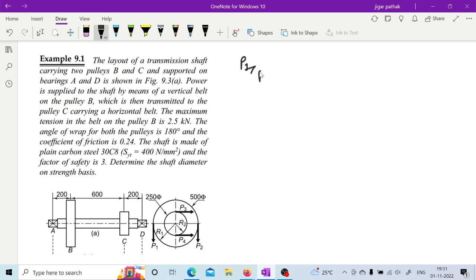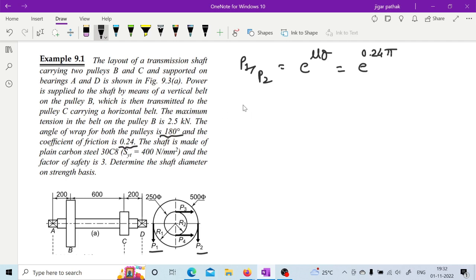So P1 by P2 is equal to e raised to mu theta, as you can see here. Mu is given as 0.24 and theta is 180 degrees, so it will be e raised to 0.24 pi.